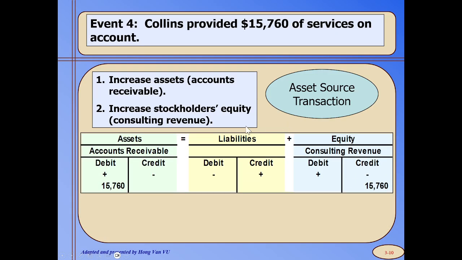Here is the illustration of the impact on the T account. So for the asset, we have the accounts receivable asset account increase, so we have a debit of 15,760. For liabilities, there's no liability, no obligation here, but for equity, because they increase the revenue, we have the consulting revenue increase 15,760.